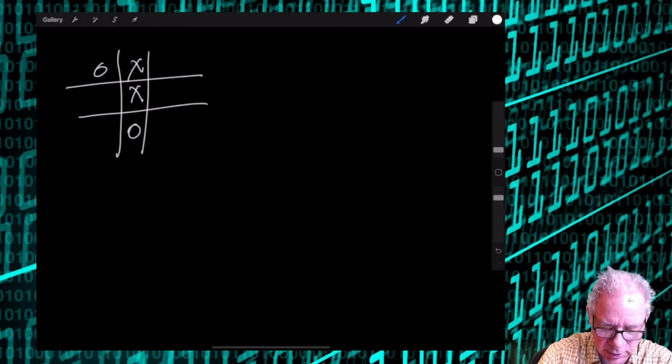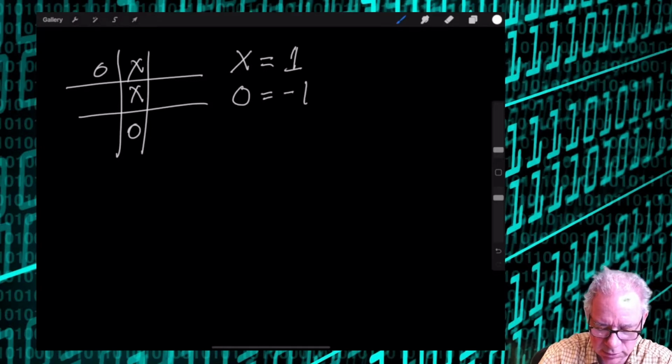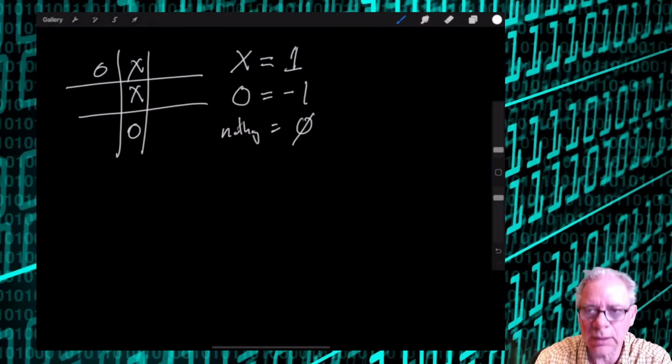So let's create an array of 9 elements, and we can say an X is going to equal the number 1, an O is going to be equal to a -1, and then nothing at all will be a 0. And then we'll use those values in our array.